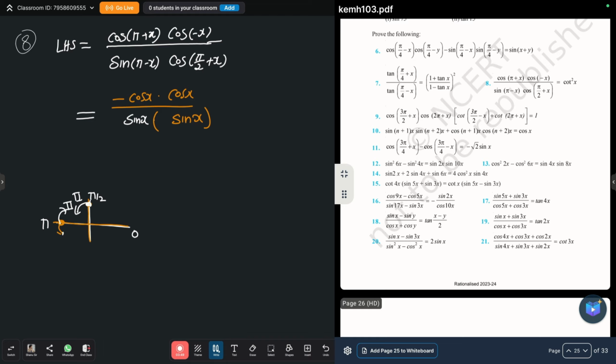In the second quadrant cos is negative. So it is negative sin x. So minus cos square x upon minus sin square x. Minus minus cancel: cos square x upon sin square x, which is cot square x. This is your RHS. Hence proved. Finish. Note.